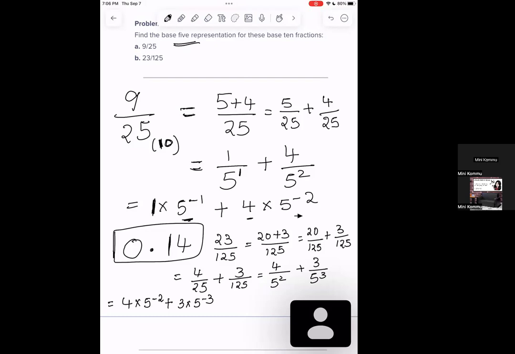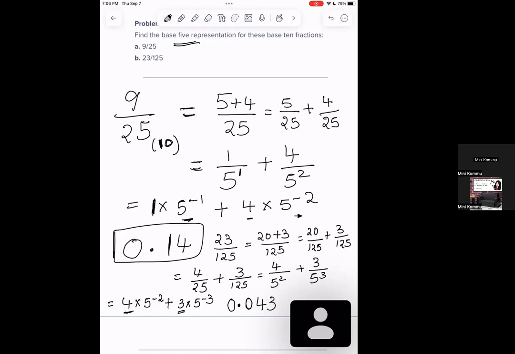All right. Now I'm going to put 0 for 5 to the power of -1 because I don't have any value over here, correct? So 5 to the power of -1 place will be 0. 5 to the power of -2 place has a value, that is 4. 5 to the power of -3 place has a value, and that is 3.